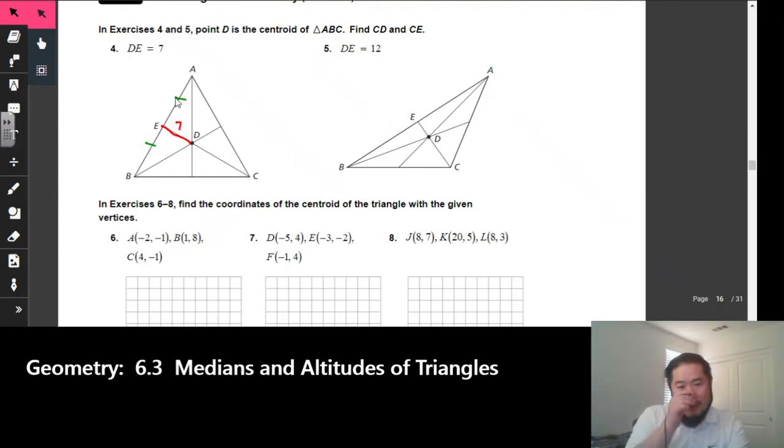So it says, let's figure out, well, what is C to D? Okay, well, where is C to D? Well, C to D is right here. Okay. Well, if we're talking about centroid and we're talking about the inside of it, we got the 2/3 segment and the 1/3 segment. D to E right here looks to be the 1/3 segment.